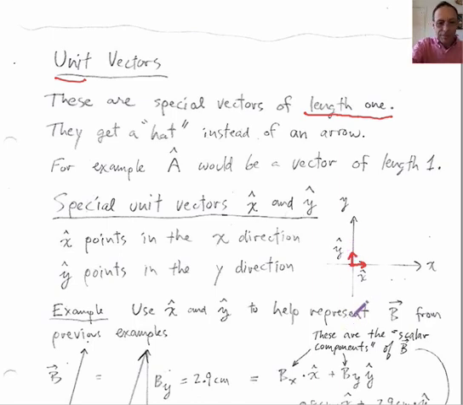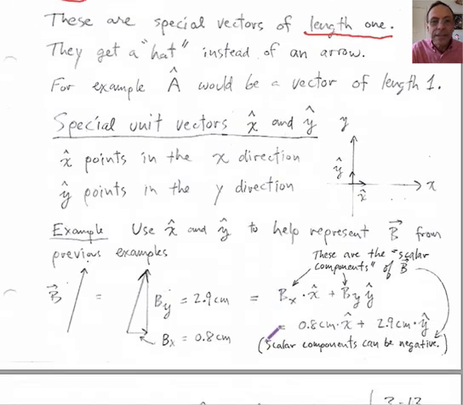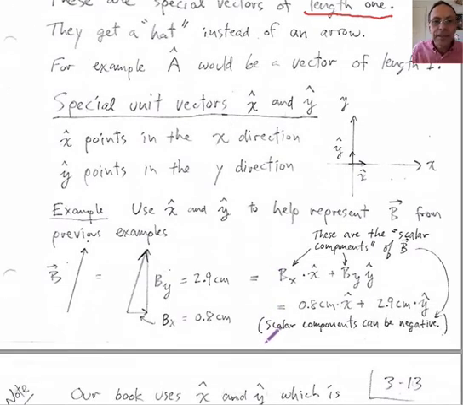Okay, I'm going to erase them because that's sort of in the way. Now let's have an example of using the x and y hat vectors. We're going to use them to represent the vector b from previous examples.